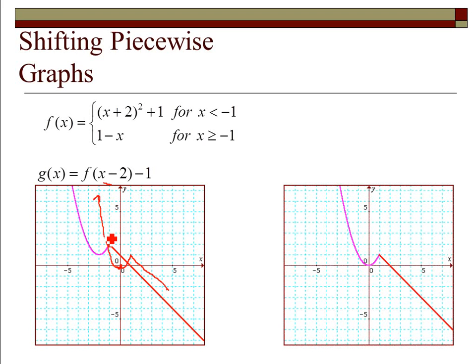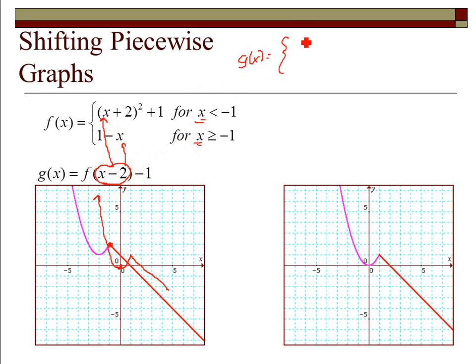Now I'm going to actually find the equation. So we're going to go and plug in this information into the equation. So if I did g of x, I'm going to take the x minus 2 and replace the x on each of the x's, including these x's.